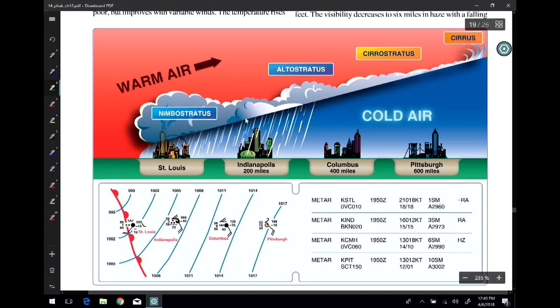Then as we get closer to the ground, with the leading edge of this front, you have rain, but it's mostly continuous rain, not necessarily thunderstorms in nature. So keep in mind that this is how a warm front overtakes a cold front.